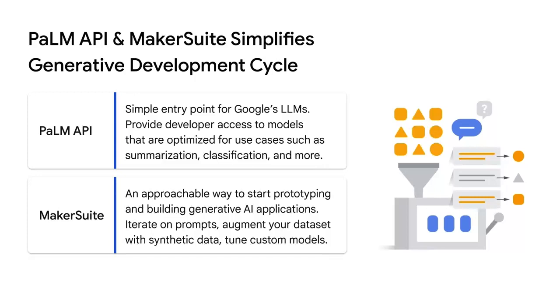Palm API lets you test and experiment with Google's large language models and GenAI tools. To make prototyping quick and more accessible, developers can integrate Palm API with MakerSuite and use it to access the API using a graphical user interface. The suite includes a number of different tools, such as a model training tool, a model deployment tool, and a model monitoring tool.